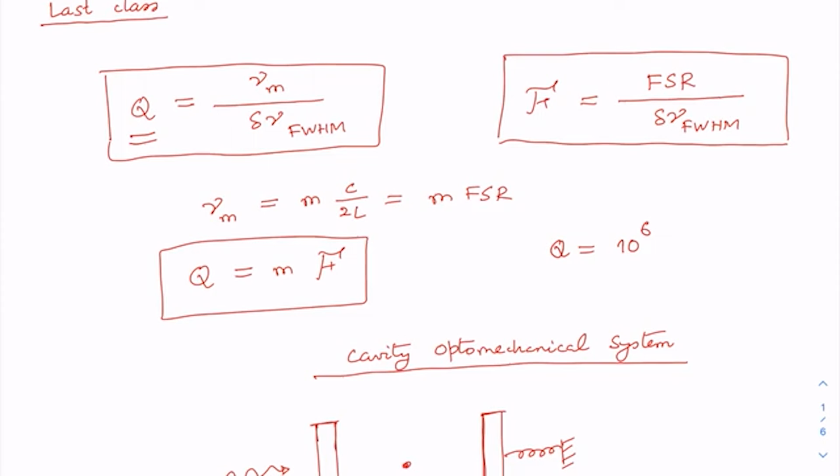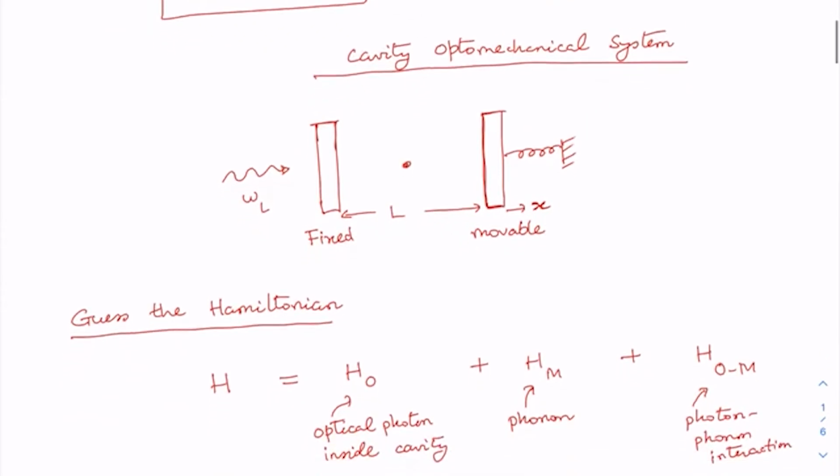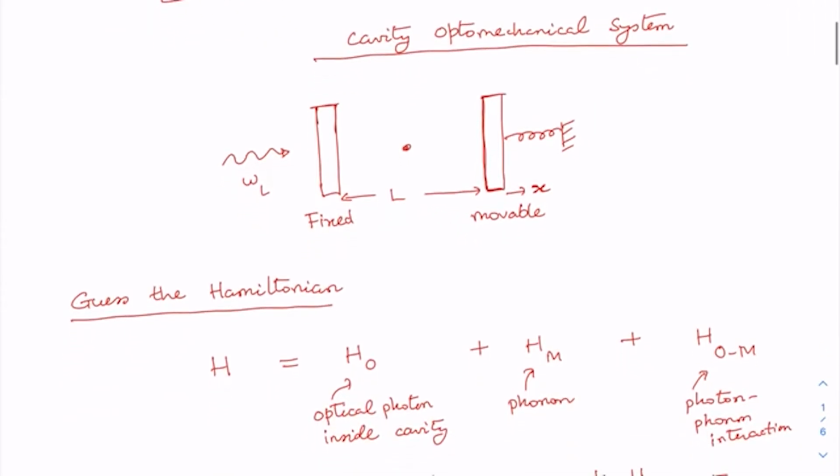Then we started discussing the cavity optomechanical system, and firstly, based on logic, we tried to guess the Hamiltonian of the cavity optomechanical system. The total Hamiltonian will consist of primarily 5 parts. One is due to the optical photon inside the cavity, which, as we know, is basically a harmonic oscillator.